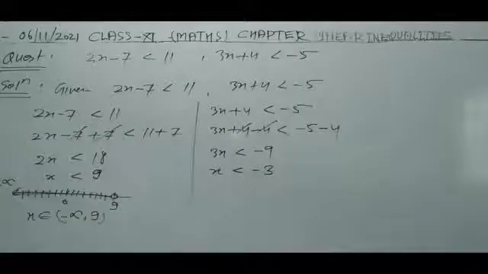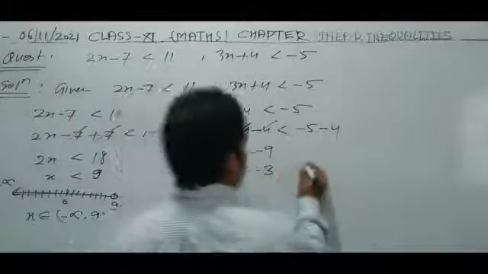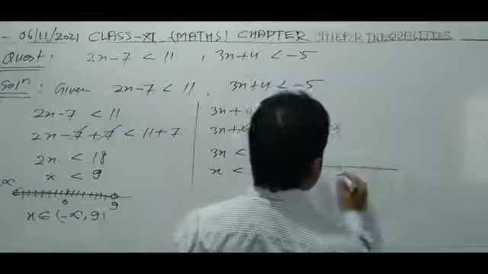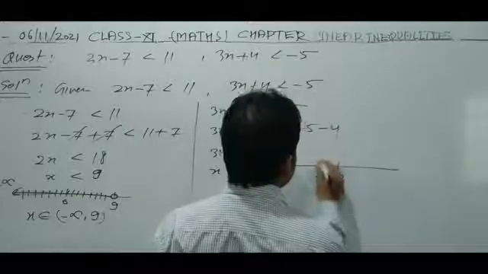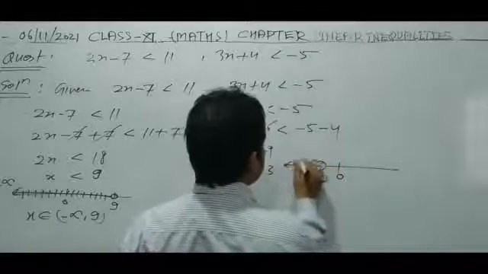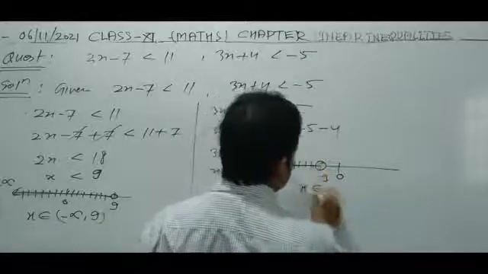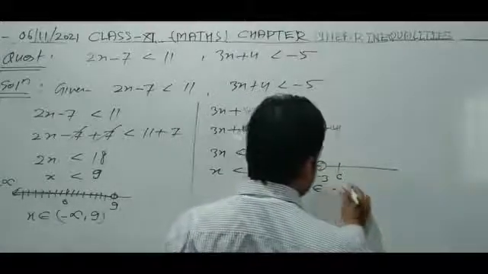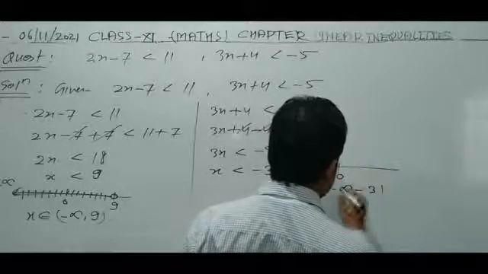So x is less than minus 3 means, when you draw on the number line, when you see 0, this is minus 3. So less than minus 3 in this case, this is the region. Now x is less than minus 3 means minus infinity to minus 3.